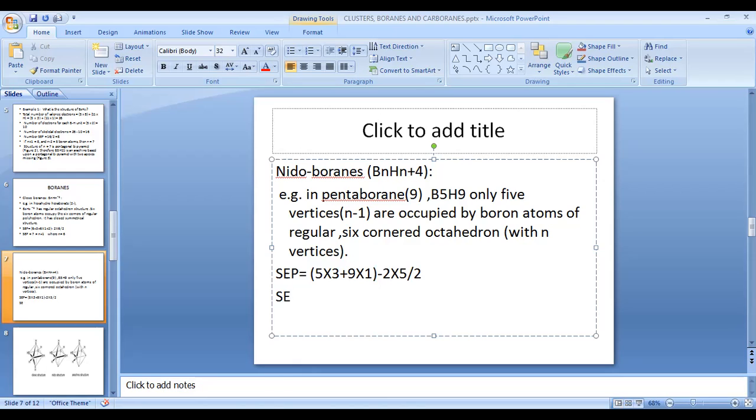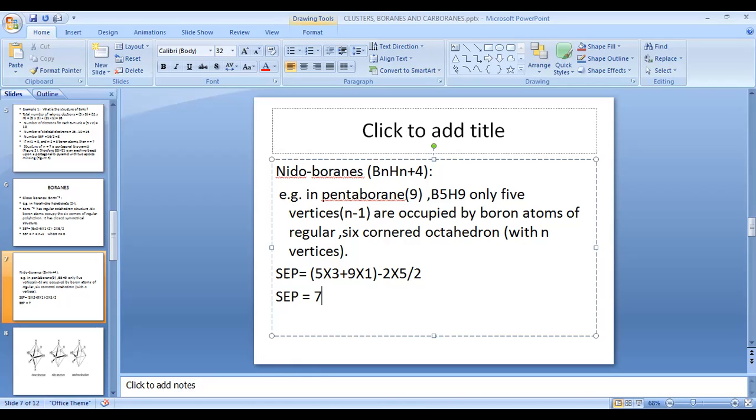Now SEP is equal to 5 times 3 is 15, 15 plus 9 is 24, 24 minus 10 is 14, 14 by 2 is 7.